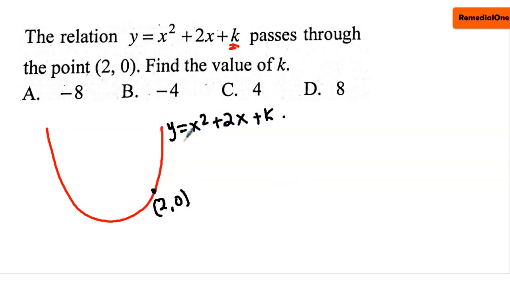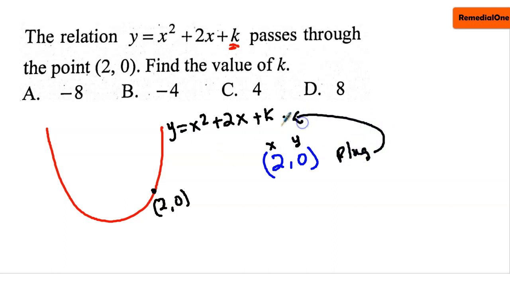So it's on that parabola. That means that in this (2, 0), this is the x and this is the y. So if it belongs to this equation, we can plug it in here, and that can help us to find our k.